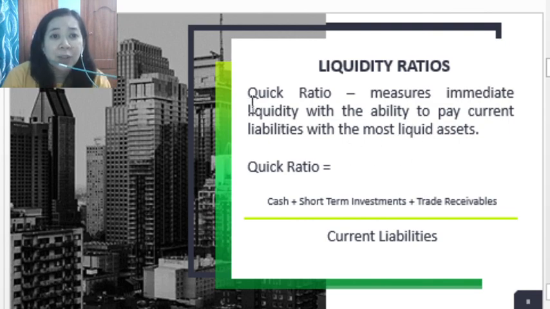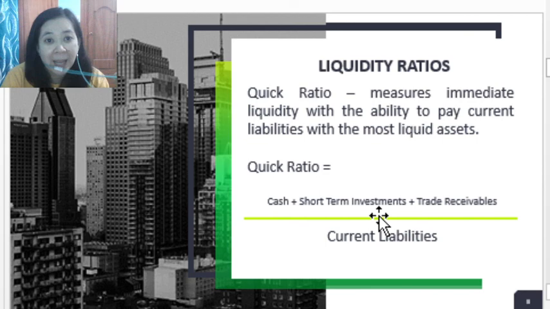So under the quick ratio, we only include for our current assets the most liquid assets. When we say most liquid assets, these are readily convertible into cash anytime. So for the formula, for our numerator, instead of using the total current assets, we will only be using the cash item and short-term investments, since we can convert these in a very short period of time into cash, as well as our trade receivables.